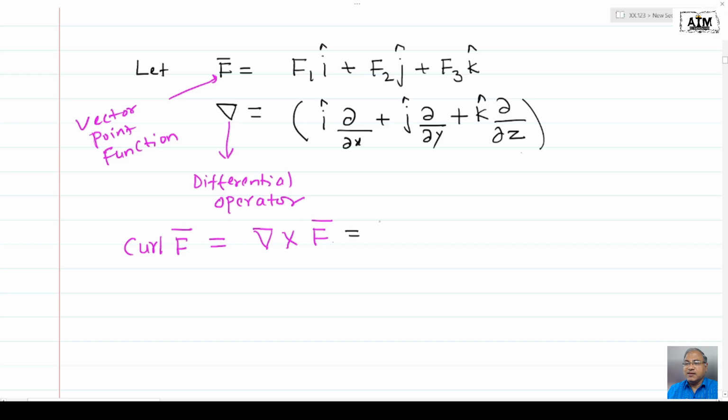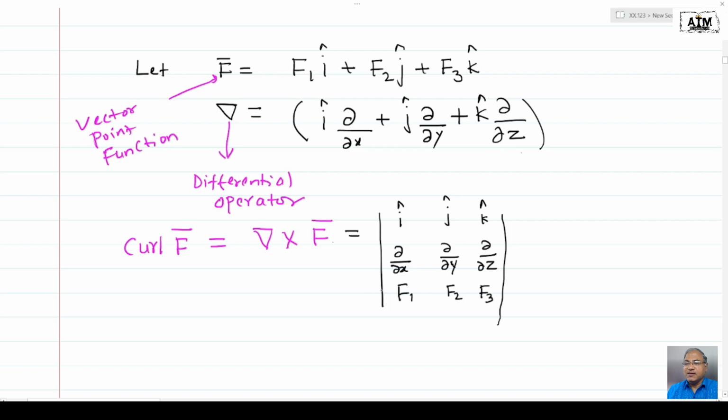It can be written in determinant form: the first row is i cap, j cap, k cap, then del/del x, del/del y, del/del z, sometimes also called dabba upon dabba x, dabba upon dabba y and dabba upon dabba z, and then f1, f2 and f3.